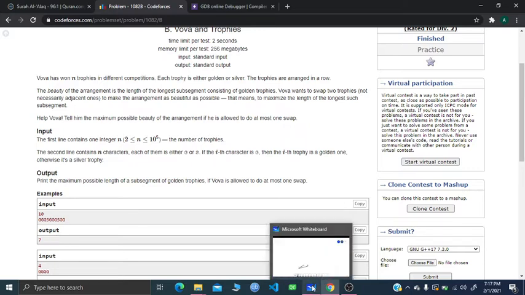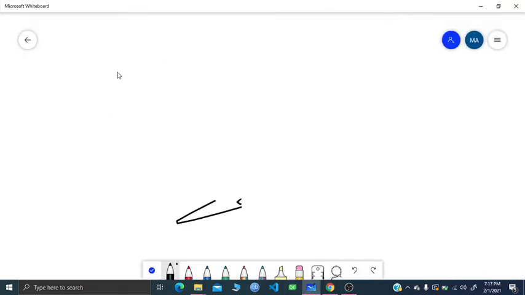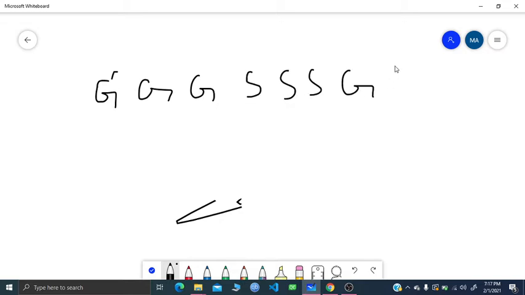Let's say we have G, G, G, S, S, S, G, G, S. So what will be our general approach? Our general approach would be to divide while traversing. We will make some groups of G and S.